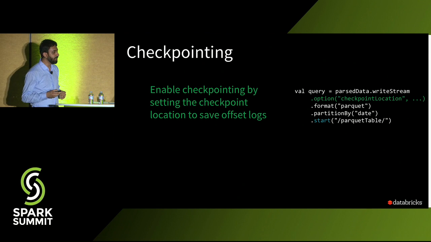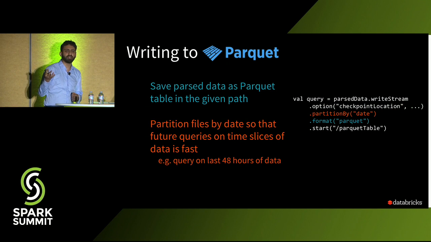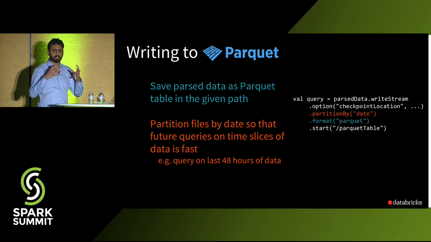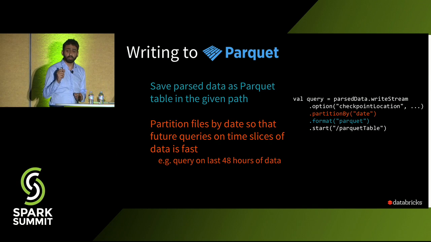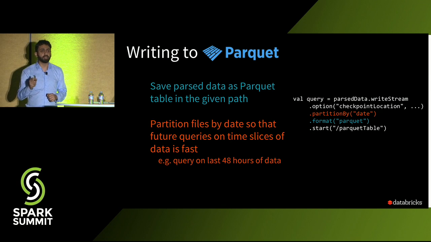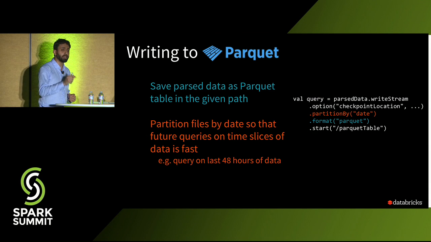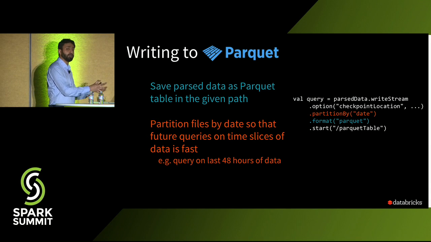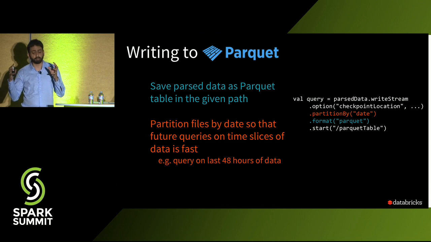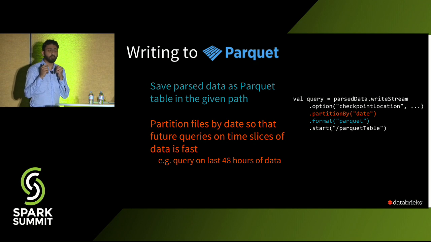Now, you might be thinking, why are we considering Parquet at all? This is a streaming system. We could write it out to Kafka as well and keep it in a purely streaming fashion. One of the biggest advantages of not keeping it as a pure streaming thing, but writing it out to something like Parquet, is that it's much more efficient for any downstream computations.